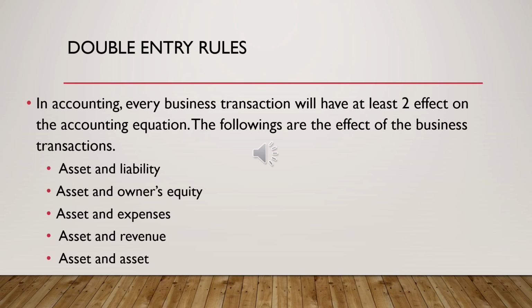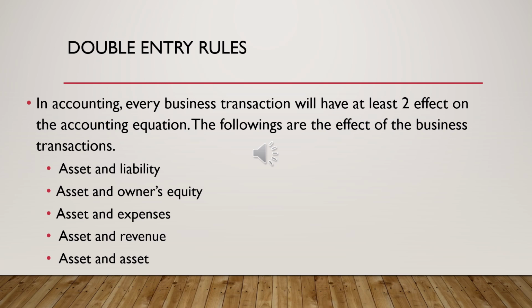In accounting, every business transaction will have at least two effects on the accounting equation. The following are the effects of the business transaction. Number one, the transaction affects the asset and liability.